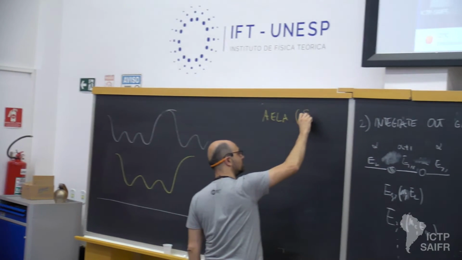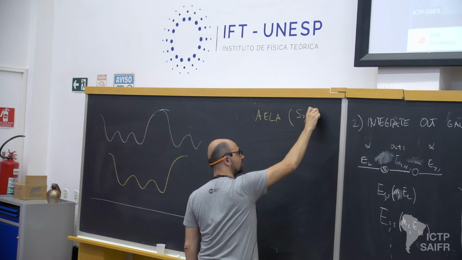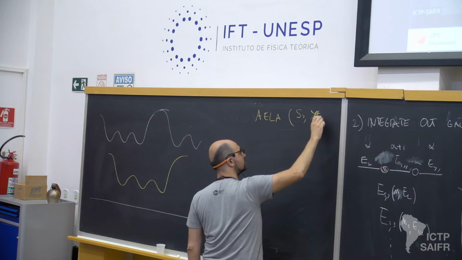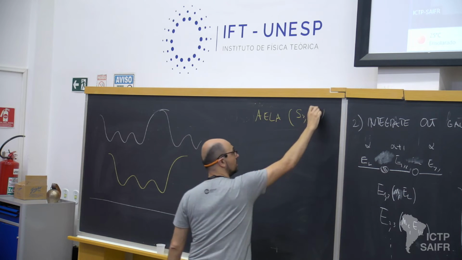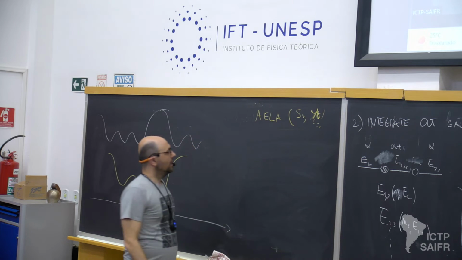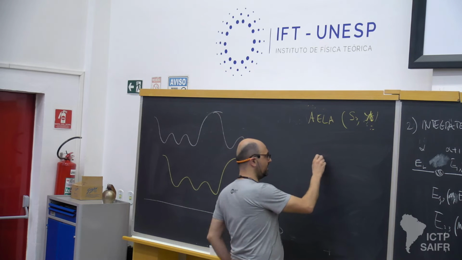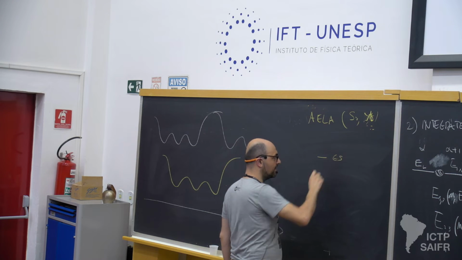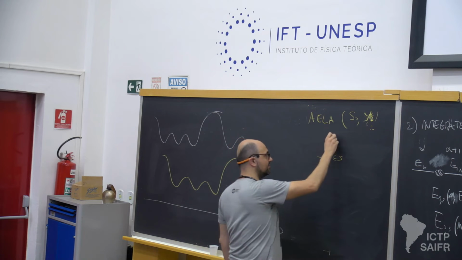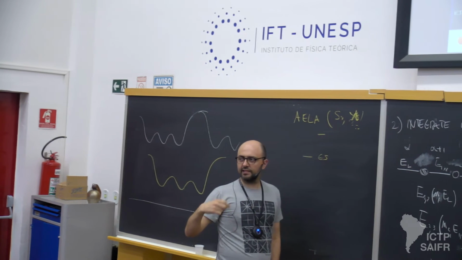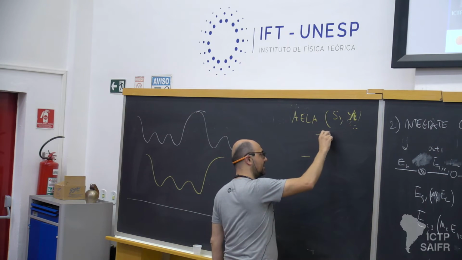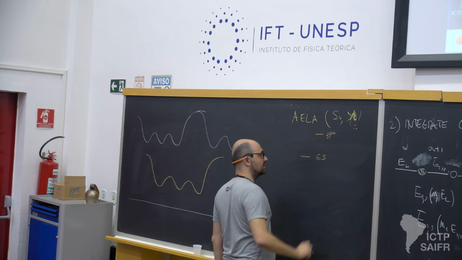It can be strontium, ytterbium. And the reason why you can do this in these atoms is because they don't have only a stable ground state manifold, but they also have a very long-lived metastable excited state, which is the 3P0.